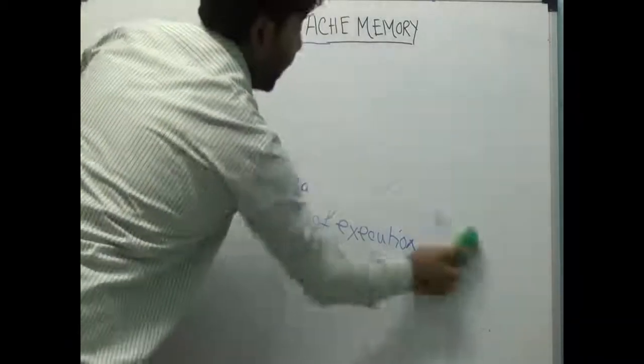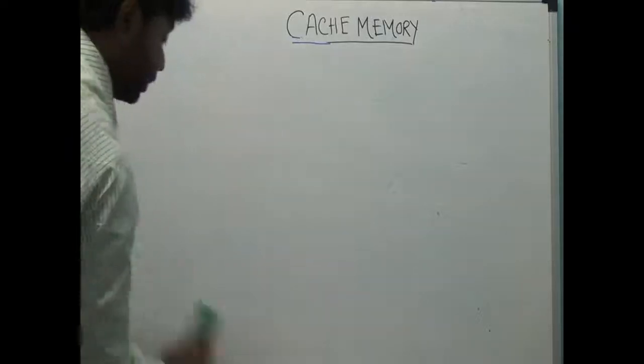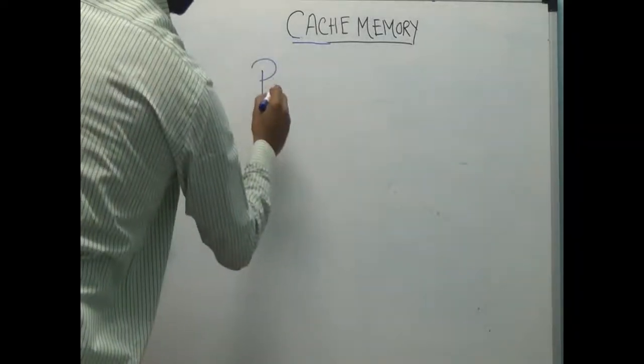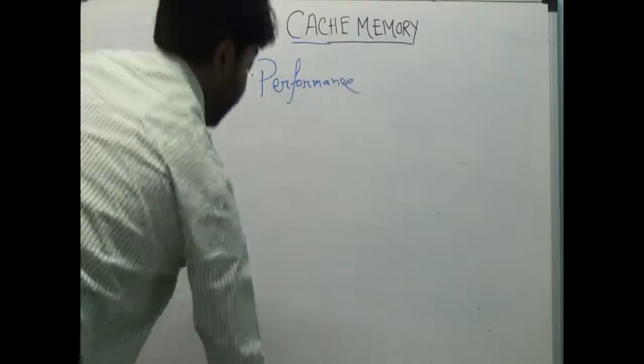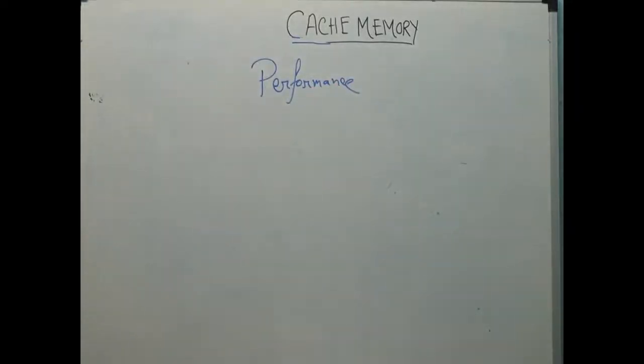The next topic will be performance of a cache memory. It is measured in terms of a quantity called hit ratio, which is equal to number of hits divided by number of hits plus number of misses.